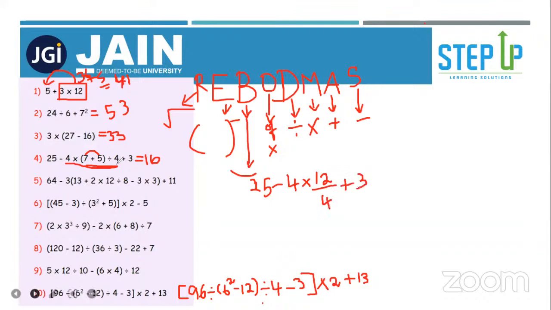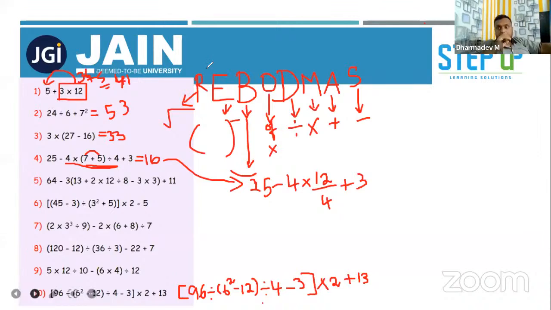Is that correct? Check it. 25 minus 4 multiplied by 12 divided by 4. Now the 4 and 4, can I simplify? Okay, now minus 12, 25 minus 12. What is 25 minus 12?